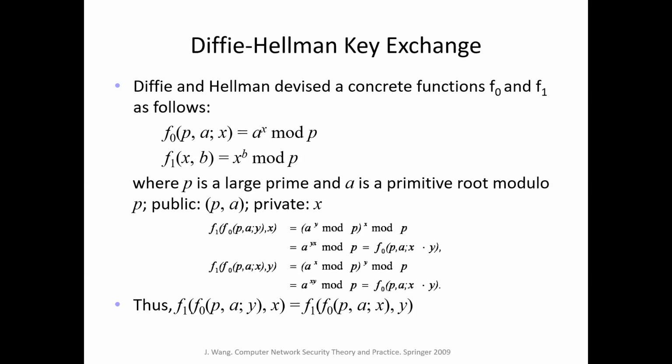So now let's refresh our mind on what we really want. Let me open up a whiteboard. Okay, so we want f1 of f0 of x, y, so that this x and y can exchange, and the result is still the same.